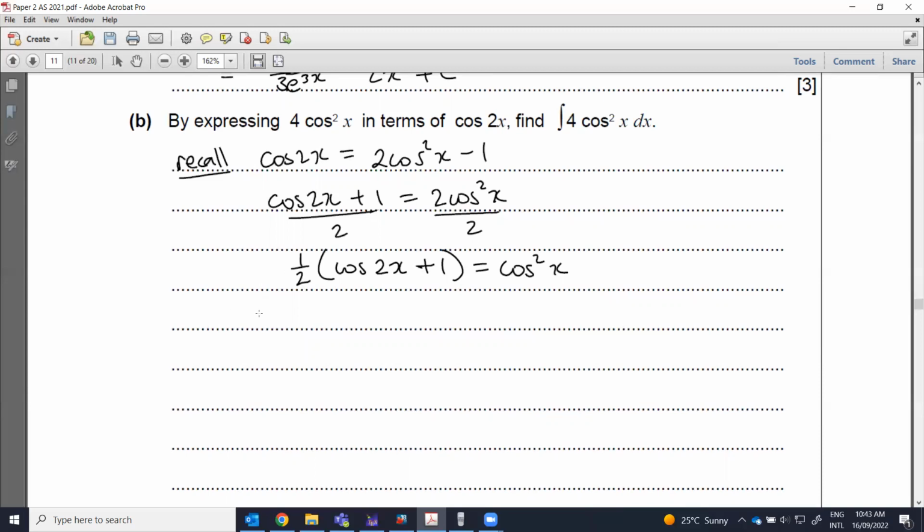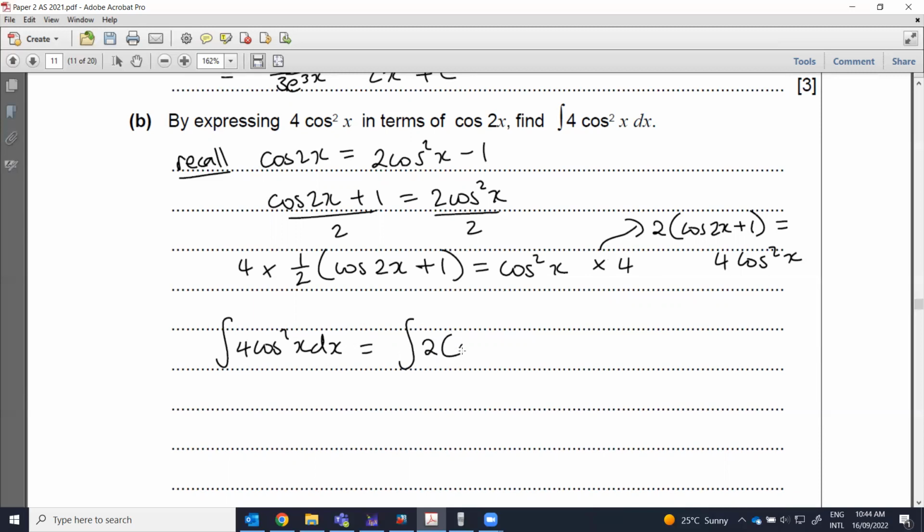So if I'm integrating 4 cos squared x, I'd have to multiply by 4 on this side, multiply by 4 on this side. So I would then get 4 times half is 2. Cos 2x plus 1 is equal to 4 cos squared x. So integrating 4 cos squared x dx is the same as integrating 2 times cos 2x plus 1 dx.